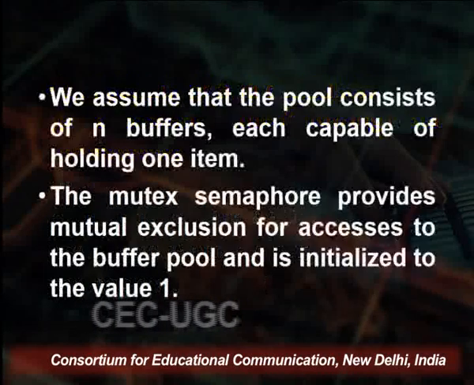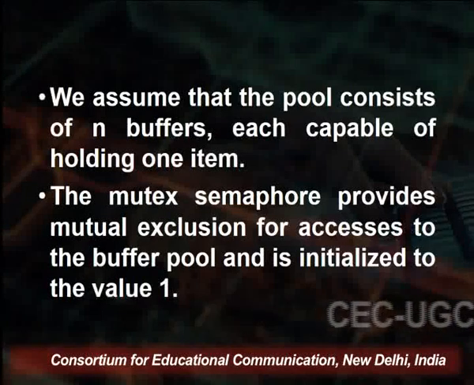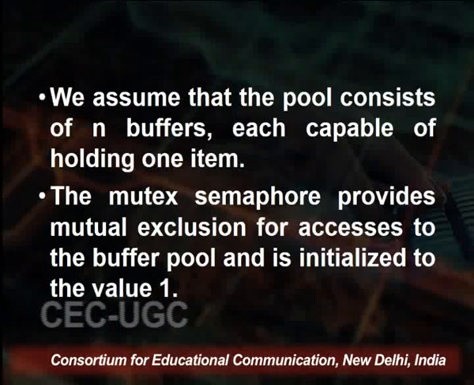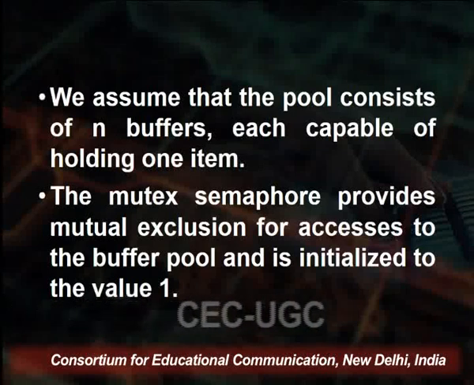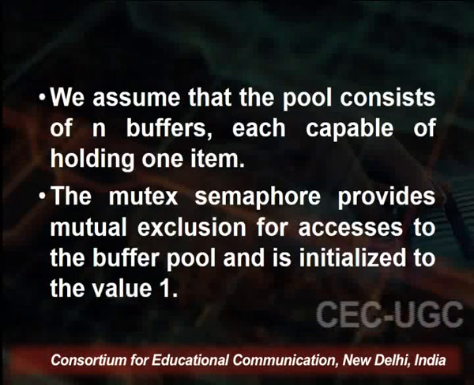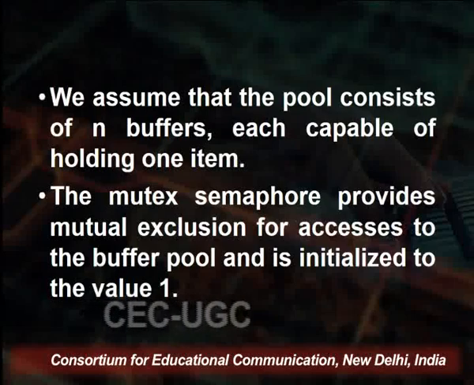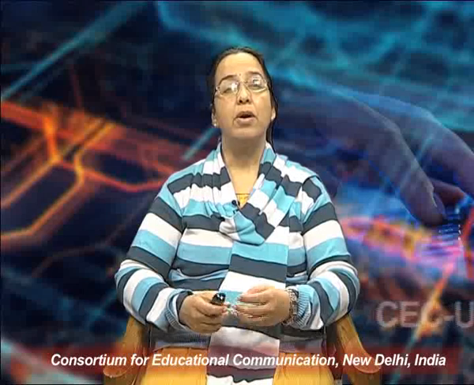The mutex semaphore provides mutual exclusion for accesses to the buffer pool and is initialized to the value 1. This mutex is the lock variable which provides the access for mutual exclusion to the buffer pool.